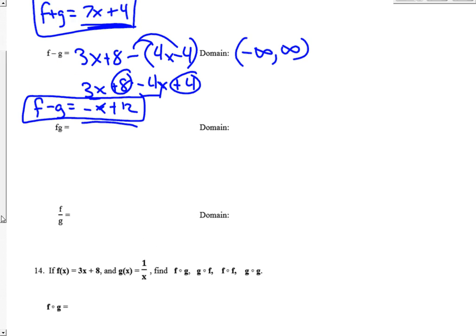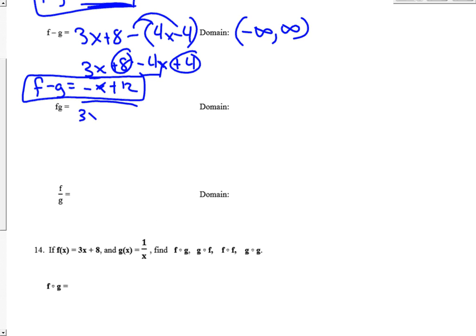When we do f times g, we have our 3x plus 8, and because it's a binomial, we have to put it in parentheses times the 4x plus 4. And here we just do the FOIL method, distribution of terms. So 3x times 3x is 12x squared. 3x times 4 is 12x.